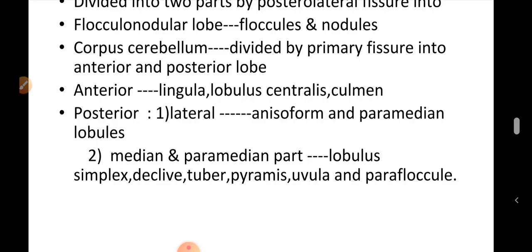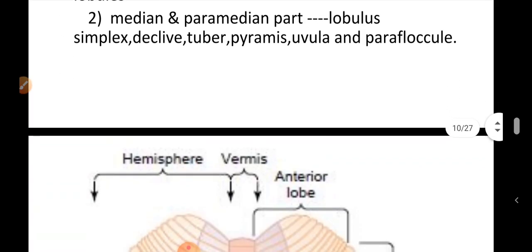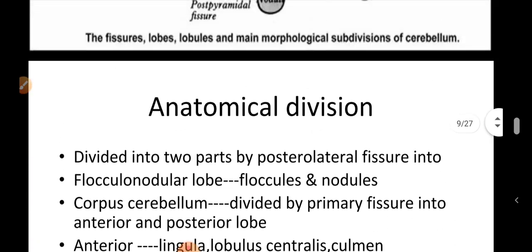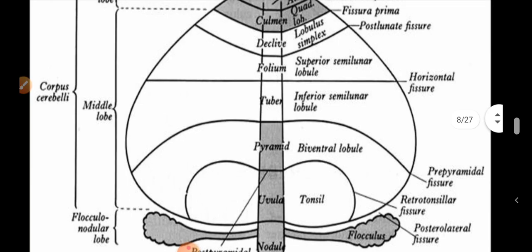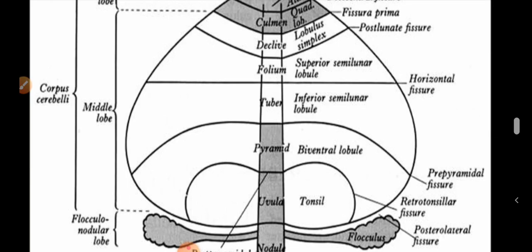Also the central part consists of lobulus simplex, declive, tuber, pyramis, uvula, and paraflocculus. So in this diagram again you can see the posterior part has the declive, folium, tuber, pyramis, uvula.